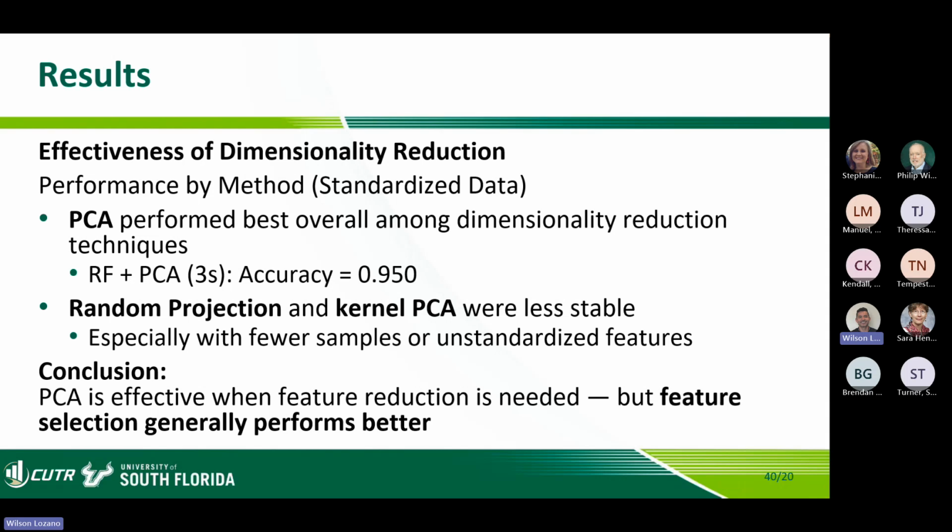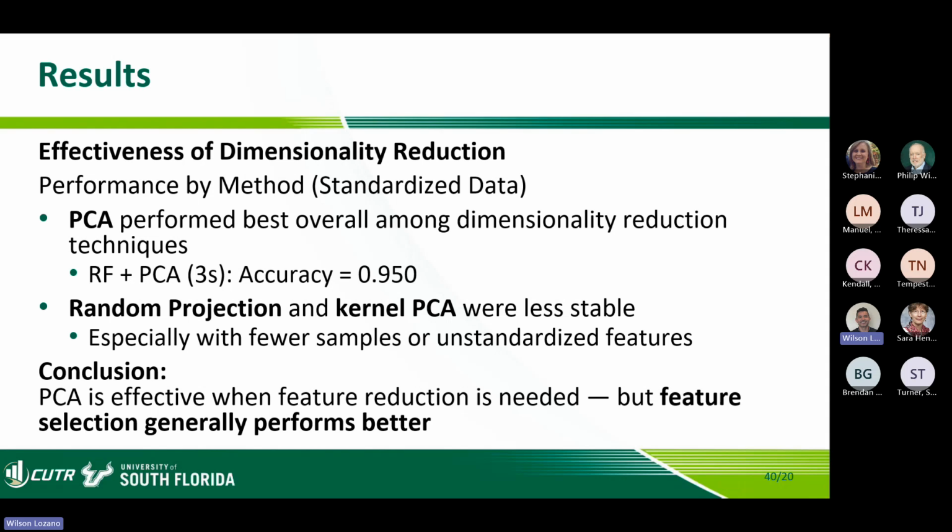Another result is the effectiveness of dimensionality reduction, performance by method, with standardized data. PCA performed overall the best among the dimensionality reduction techniques, with an accuracy of up to 95%.